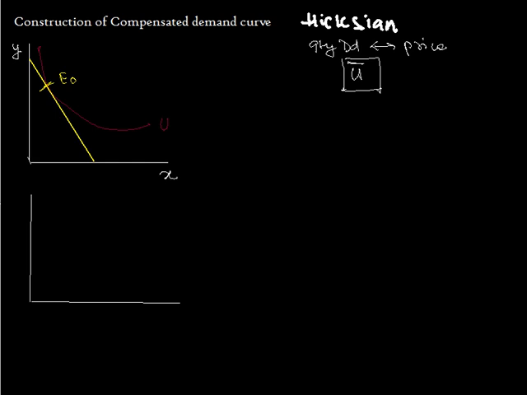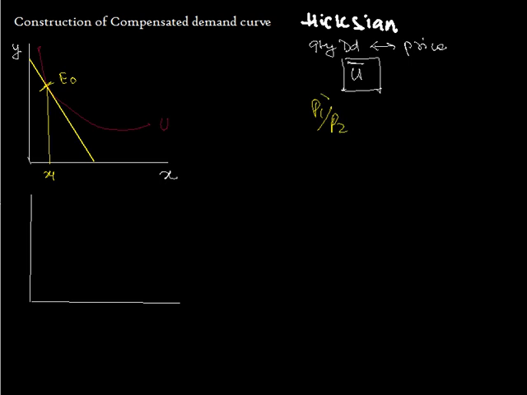How much of X is being consumed out here? Say X1. And utility is assumed to be constant out here, and say price is P1. Now this is of course your price ratio P1 by P2.